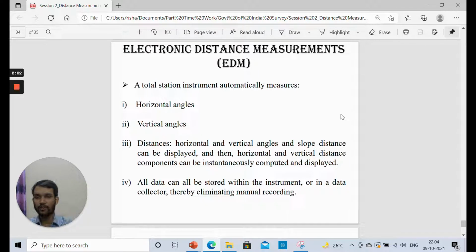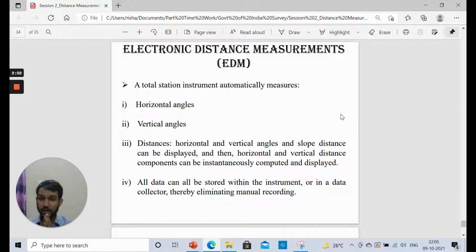Okay, so further, what are the readings that these EDM devices can automatically measure? It can be used to measure horizontal angles. Obviously, as I told you, with the help of these electronic theodolites, horizontal angles as well as vertical angles. By horizontal angles we mean angle with respect to the ground surface.